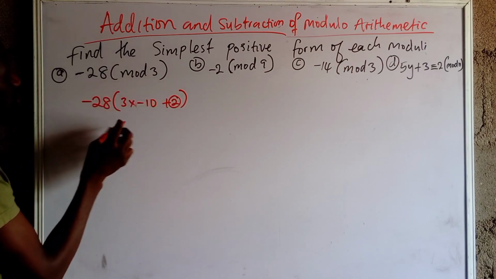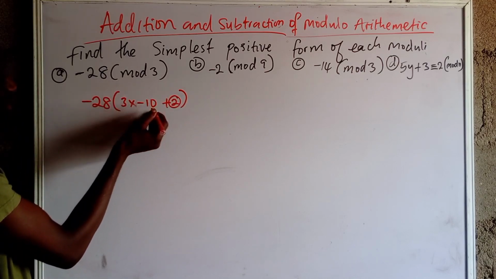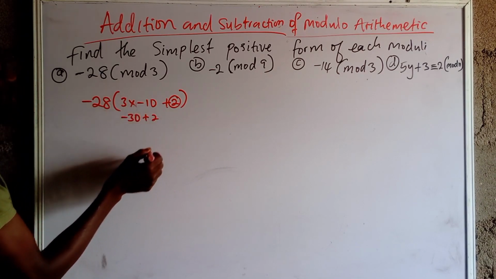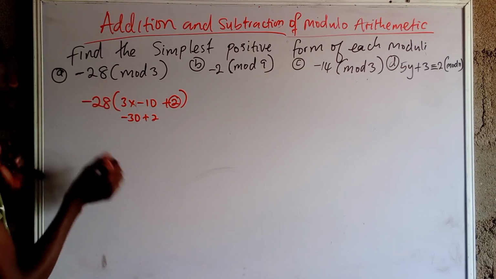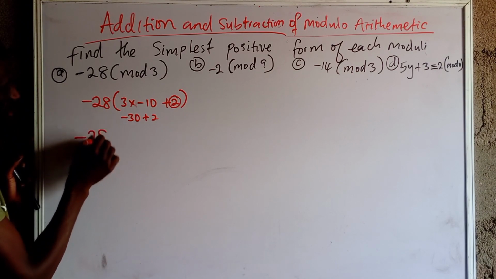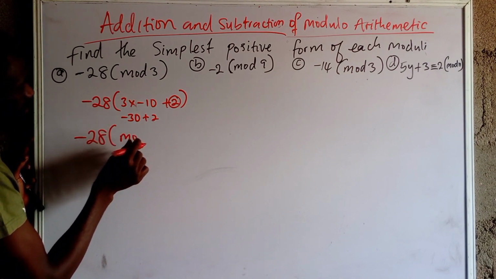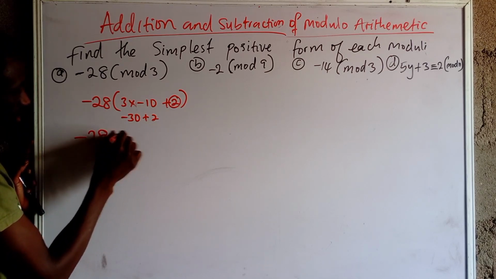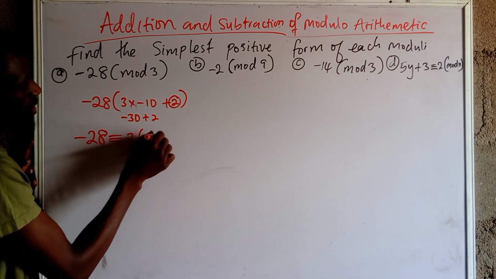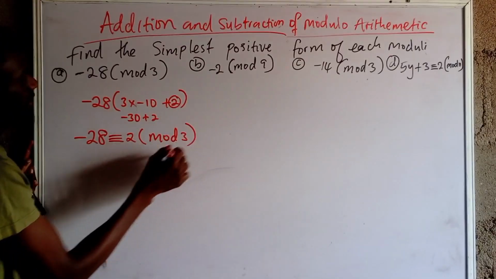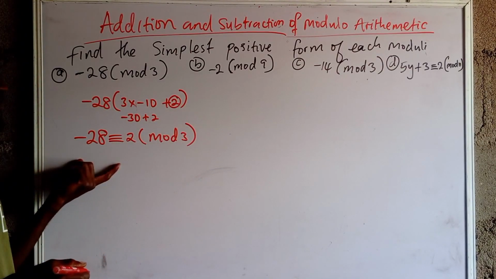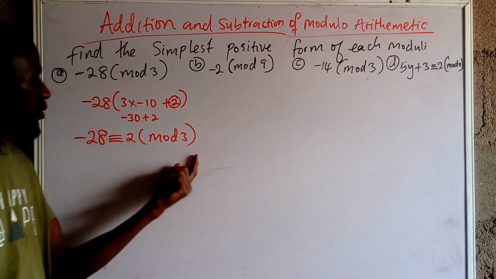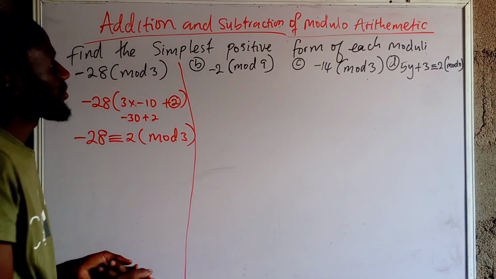Our remainder will be 2. Since 3 times minus 10 is minus 30, minus 30 plus 2 gives minus 28. Therefore, minus 28 is equivalent to 2 mod 3. That is the answer for this.